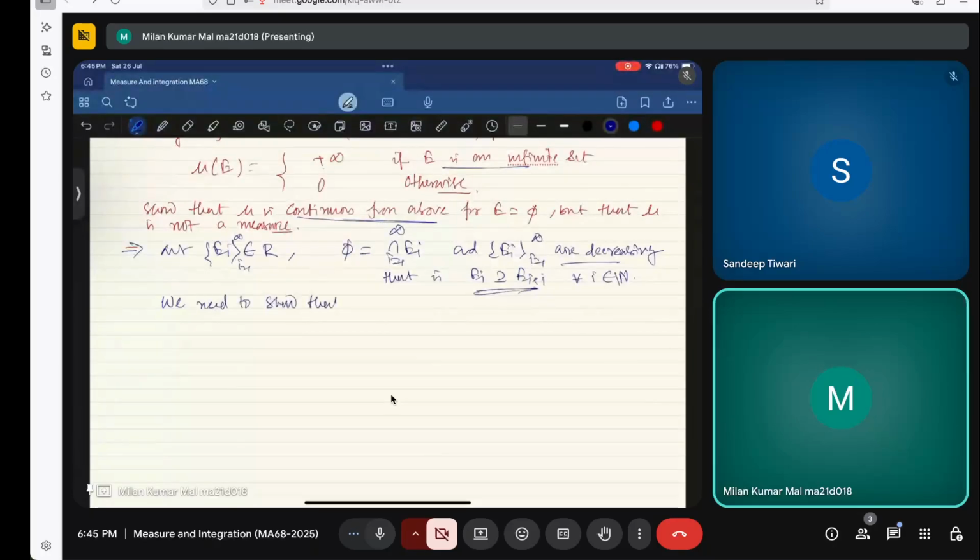show that mu of the empty set equals the limit as n tends to infinity of mu of EI.